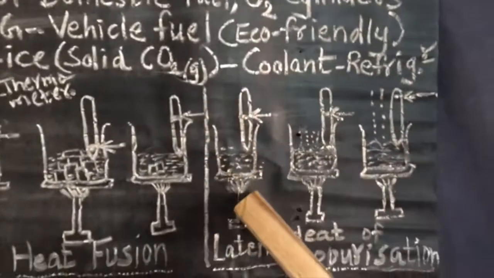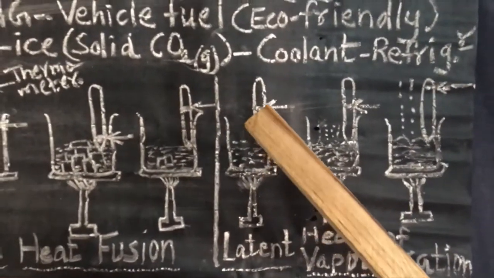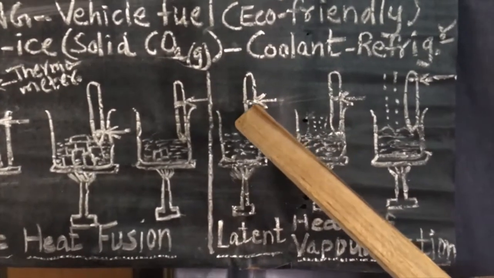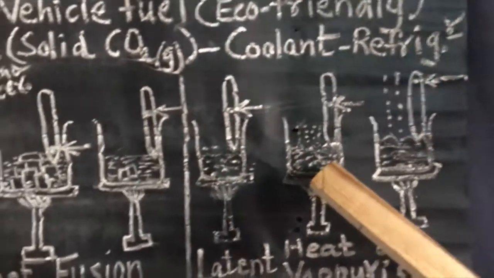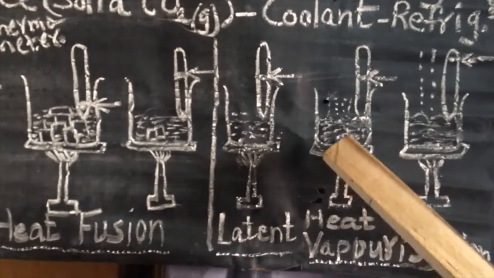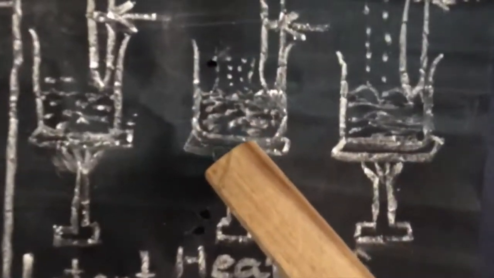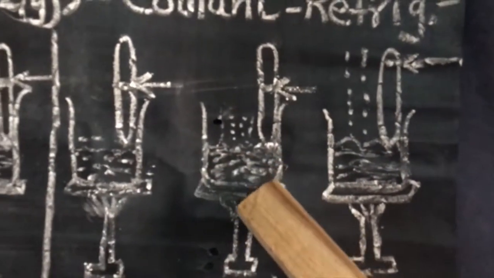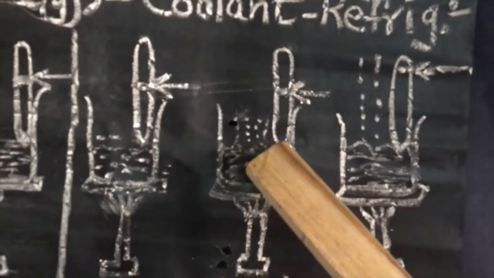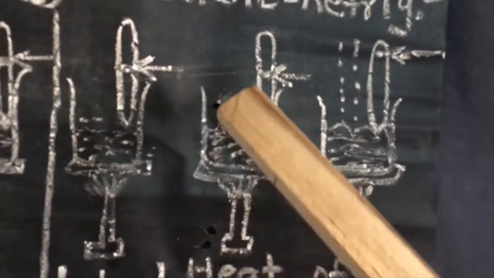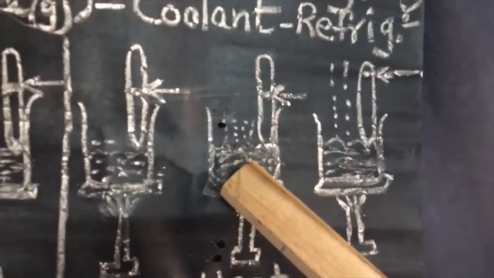So here also I have taken one diagram. Water is heated and the temperature here you can see is somewhere in the middle. Now as the temperature has still increased because the heat is still going on, you can see those particles from the bottom acquire heat, pass their heat to the upper particles, and from the surface the vapor has started, that is evaporation.